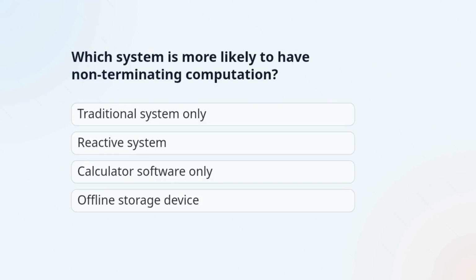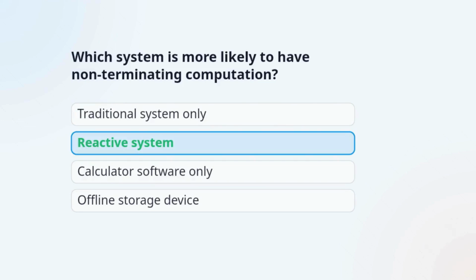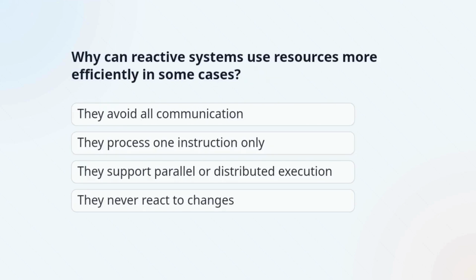Question 2. Which system is more likely to have non-terminating computation? The correct answer is reactive system. Reactive systems often keep running continuously because they are waiting for and responding to events. Question 3.